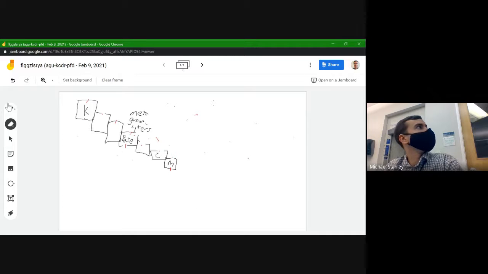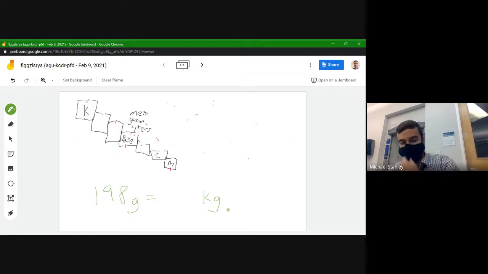All right. So we are going to start off with 198 grams, and I want to know what is that measurement if you converted it to kilograms. So 198 grams to kilograms.